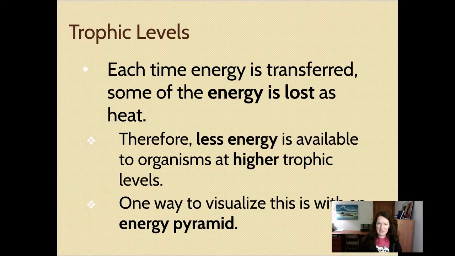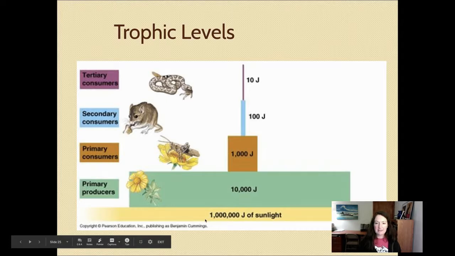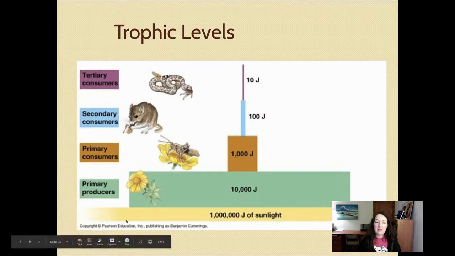The energy pyramid is the slide that I showed you at the very beginning of talking about these food chains and food webs, and we'll take a look at that again. So here is an energy pyramid. The sun shines on the earth, giving it 1,000,000 joules of sunlight. Again, joules are just a unit of energy, kind of like calories are. The primary producers, the plants, are only able to make 10,000 joules out of that 1,000,000 joules.